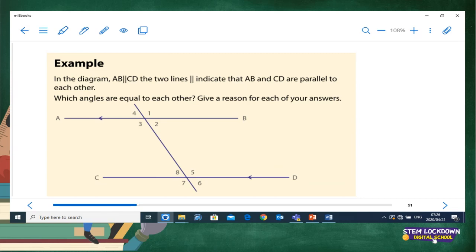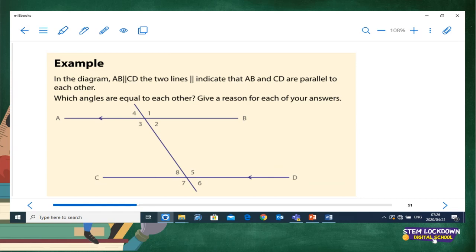We have spoken now about the vertically opposite angles, 1 and 3, 2 and 4, 5 and 7, 8 and 6. But at the same time, we're also looking at the next one there, which is corresponding angles.